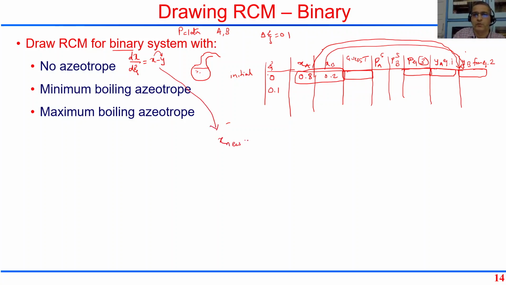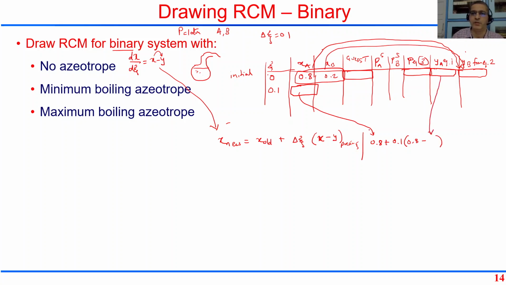X new would be X old plus delta zeta multiplied by X minus Y, where Y is in equilibrium with the X at the previous value of zeta. So the new value of XA would be 0.8 plus delta zeta, 0.1, times 0.8 minus this value of YA.